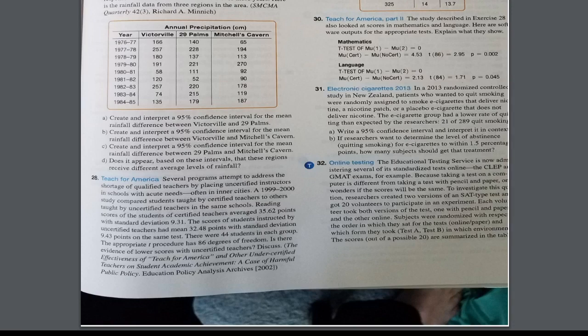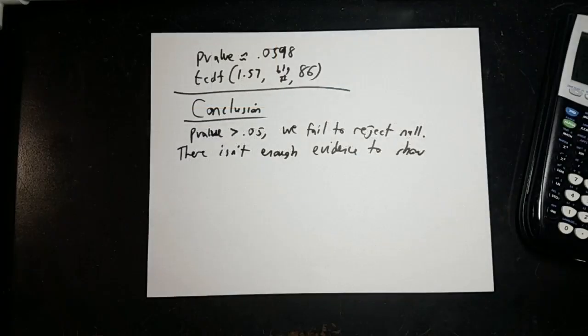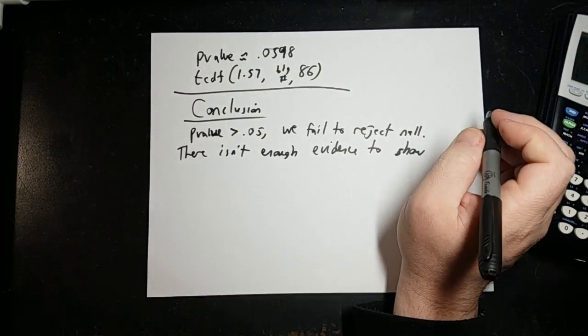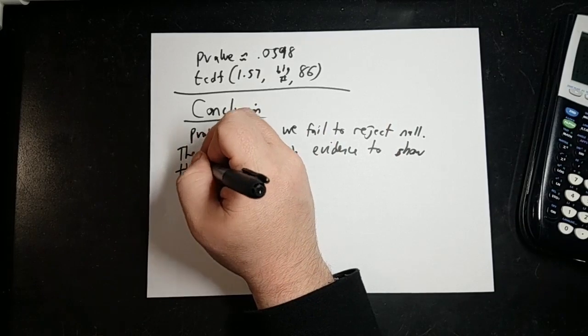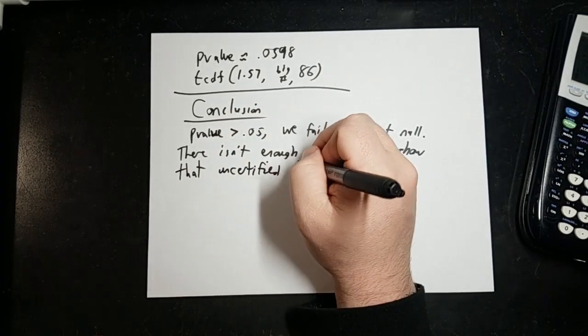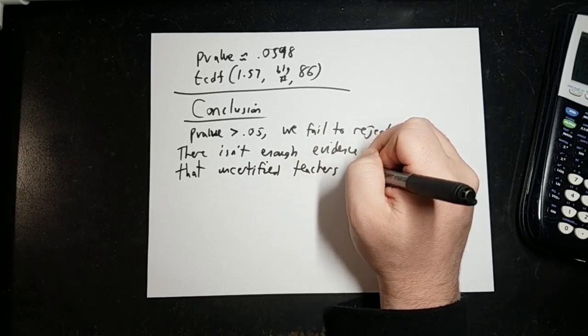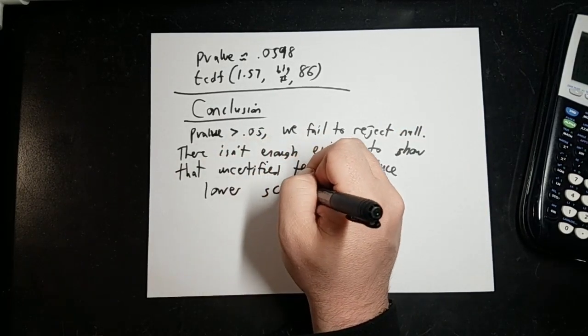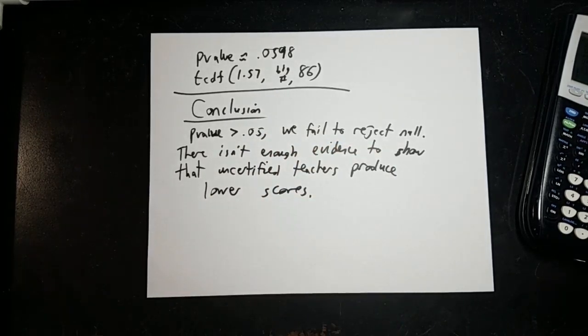The problem's asking, is there enough evidence of lower scores with uncertified teachers? There is not enough evidence to show that uncertified teachers produce lower scores. There's not enough evidence.